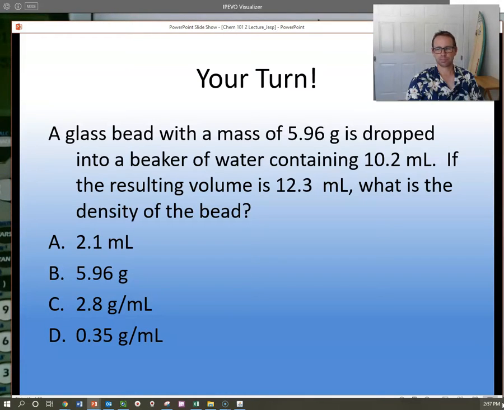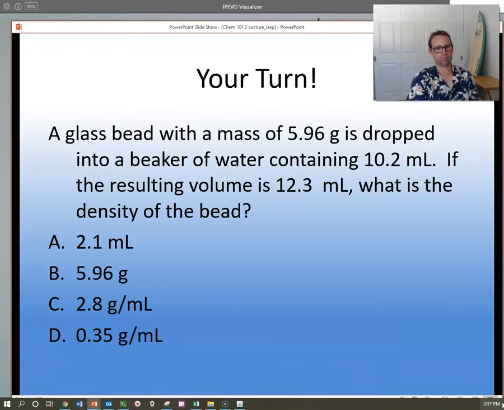So we have to first subtract. We're going to find the volume, and so we'll have 12.3 milliliters minus 10.2 milliliters.